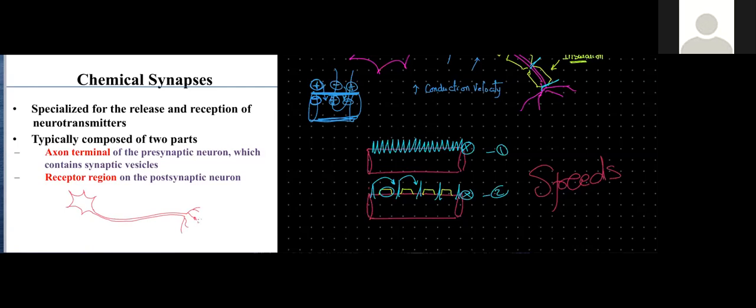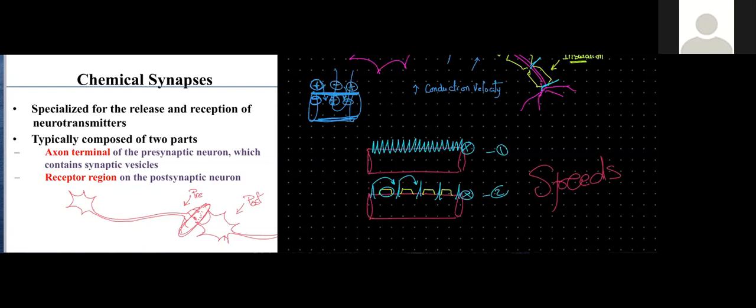They will have an effect on the postsynaptic neuron. So if I'm drawing two neurons that are connected by a synapse like this, this is my presynaptic neuron, this is my postsynaptic neuron, and this gap in between is my synapse.